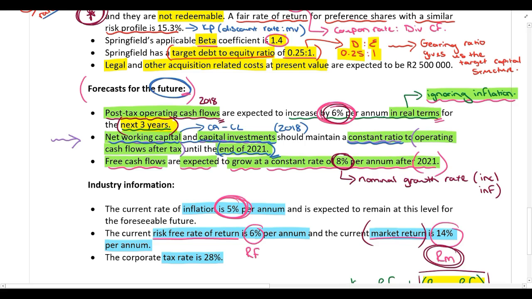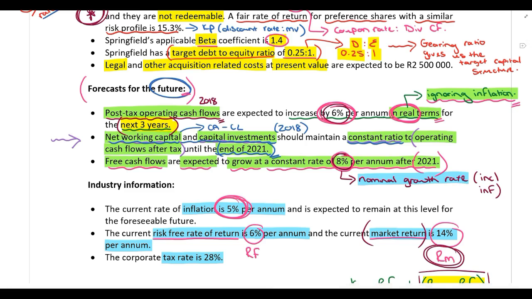In any question, it's safe for you to assume, if you are just given a growth rate, that that growth rate is a nominal rate and it takes inflation into account. The only time that you should still adjust for inflation is if you are specifically told that it is a real rate. Then you know it ignores inflation and you still need to take inflation into account. If it's silent, assume you've been provided with a nominal growth rate.